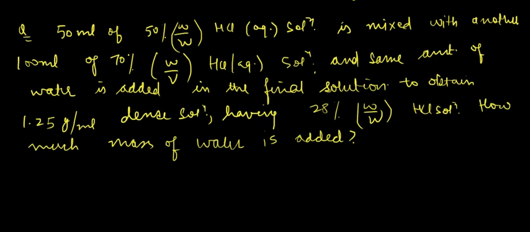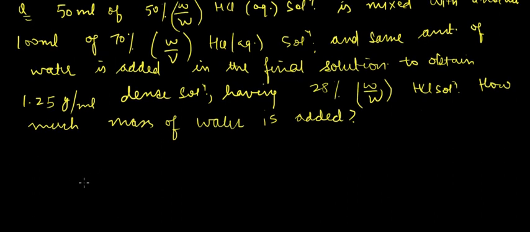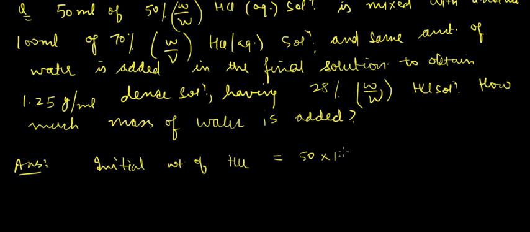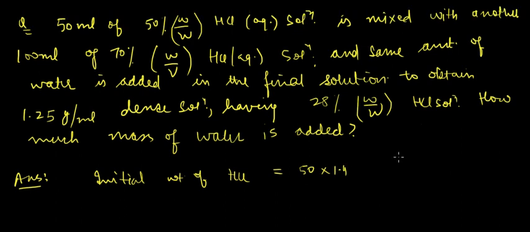Okay, you can pause the video and solve this question and then come back to have a look at the solution. So let's approach the problem. Initial weight of HCl solution is 50 into 1.4, which would give the mass of the solution.